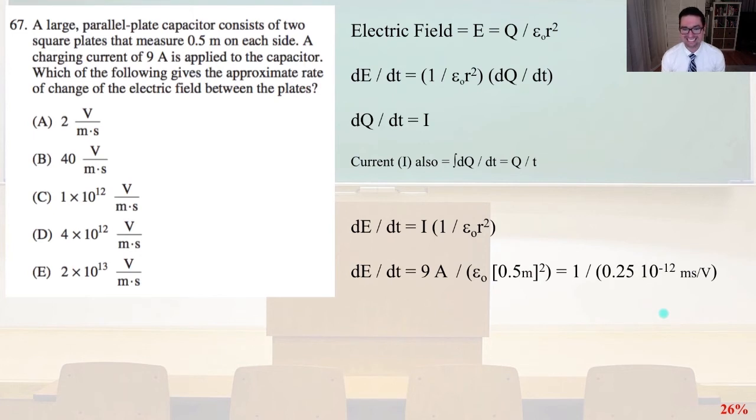So dE/dt equals I times the quantity 1 divided by ε0 A. So dE/dt equals 9 amps divided by ε0 times 0.5 meters squared, equals 1 divided by 0.25 times 10 to the negative 12 meters seconds divided by volts, and that equals answer D.